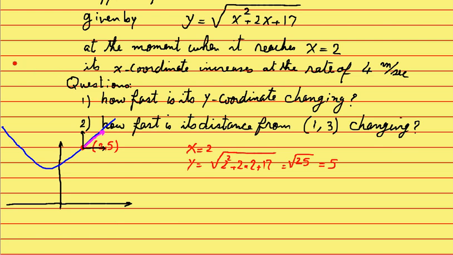This thing is really dx/dt. dx/dt is equal to 4. When you say the x coordinate increases at the rate of 4 meters per second, this rate talks about dx/dt. Increasing tells us this is positive and the value is just 4. So I know this dx/dt is 4.